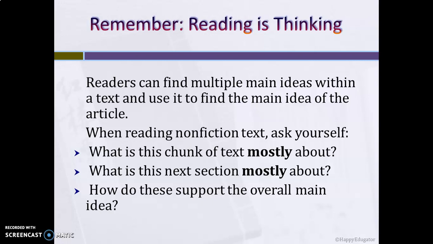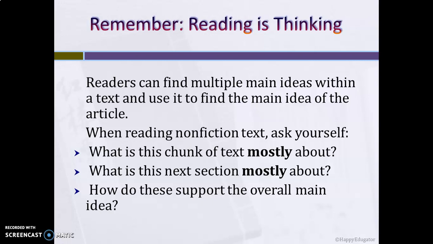So if you're reading a particular heading and section, think about that section or that chunk of text and what it's mostly about. Then as you read the next section, think, what is this next section mostly about? And even more importantly, how do these support the overall main idea?